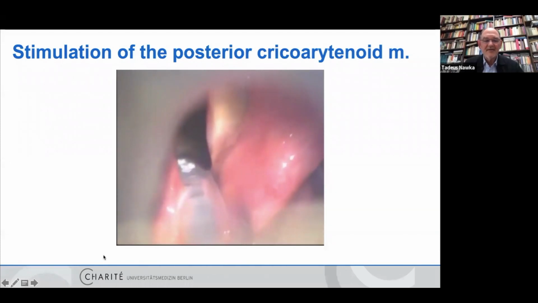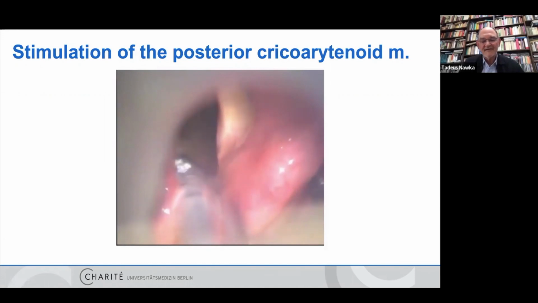And then you know that if you insert the pacemaker there, it will work and it will give you a result that shows that the implant has been successful. So before you do the pacemaker surgery, you have to check by stimulating with the electrode.